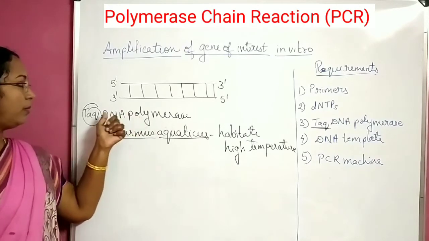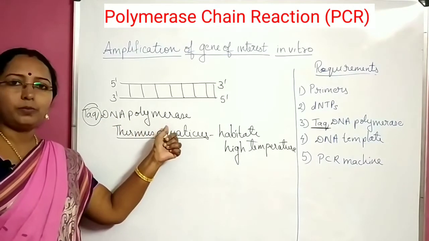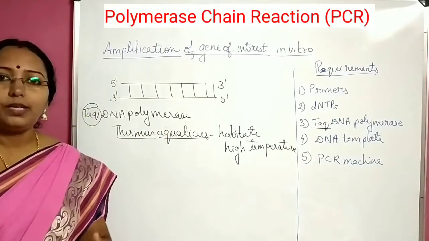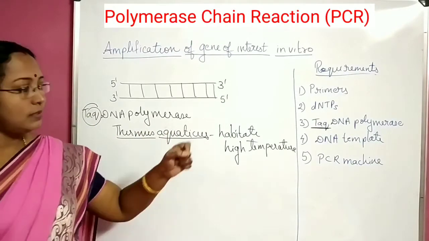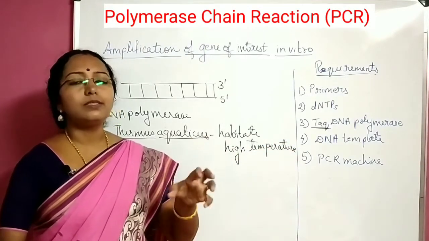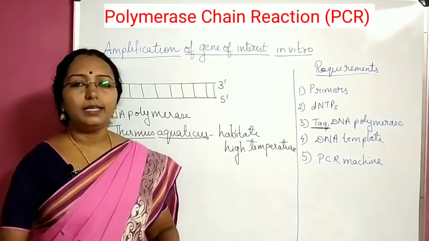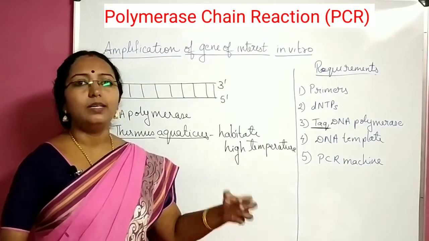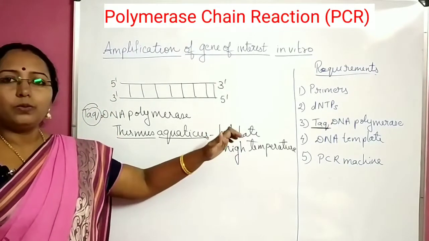So the DNA polymerase is called Taq DNA polymerase, and the speciality is that this DNA polymerase can withstand very high temperature, and in this PCR machine we need a DNA polymerase which is able to withstand a very high temperature. Once you understand the process, you will understand why. Now we are dealing with only the requirements.